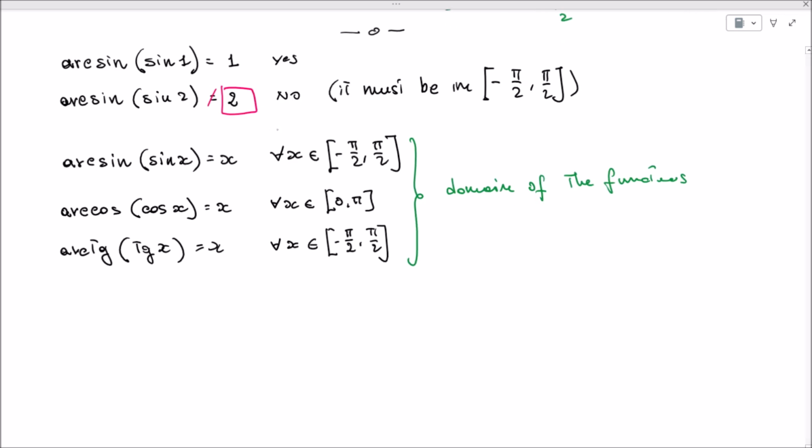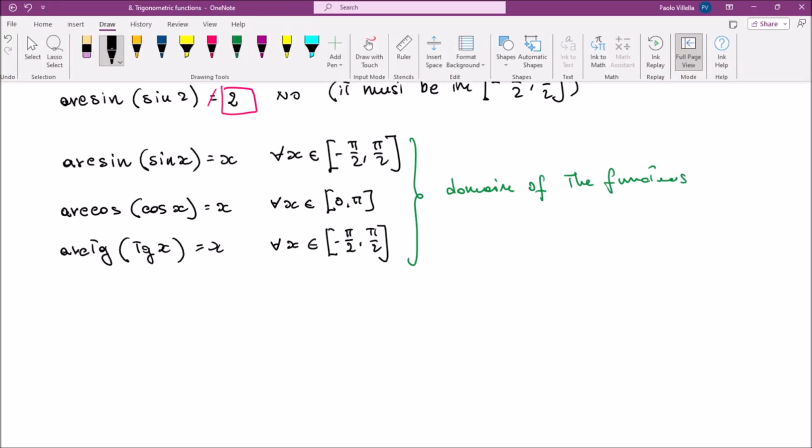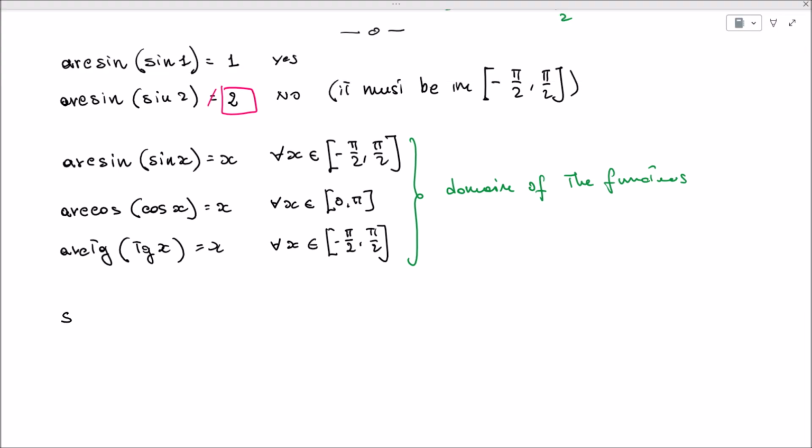And similarly, we can say that the sine of the arc sine of x is equal to x, of course only if x belongs to minus 1, 1, because this is the domain of the arc sine.